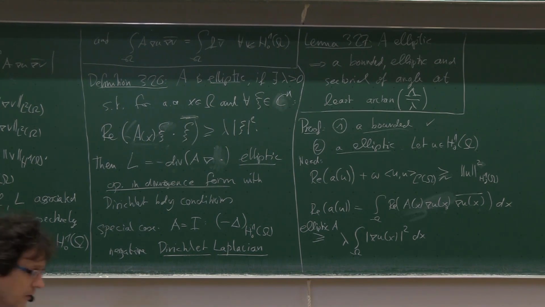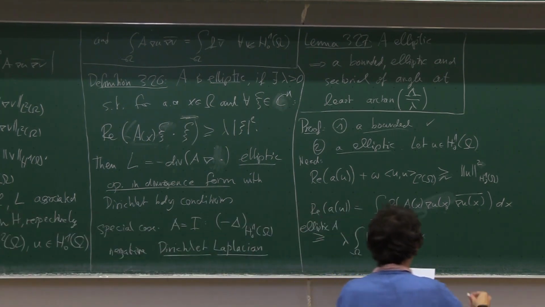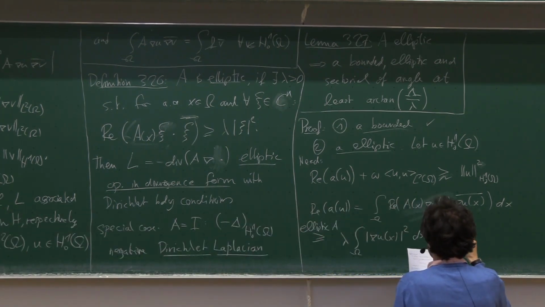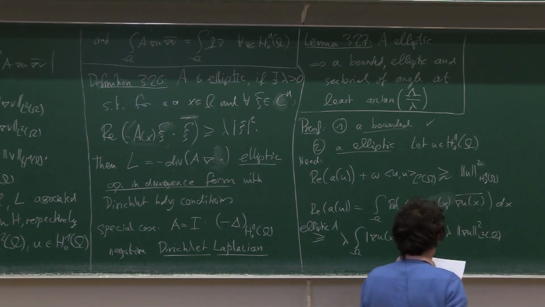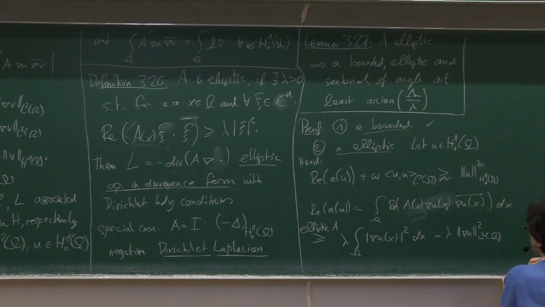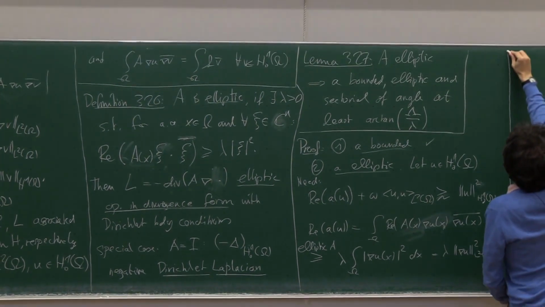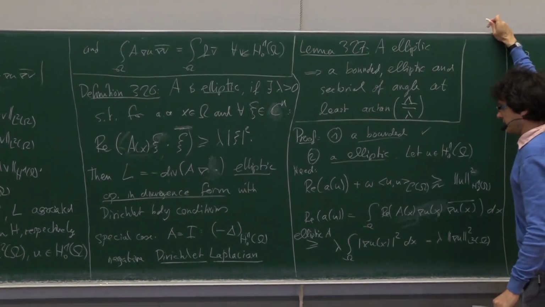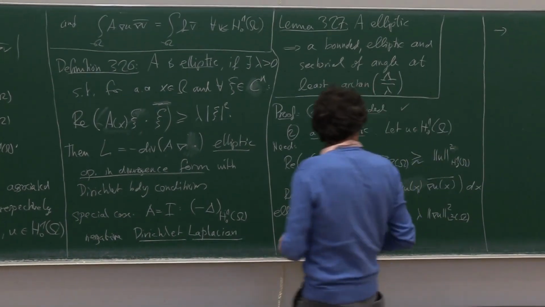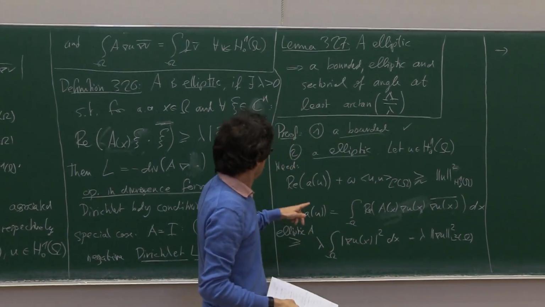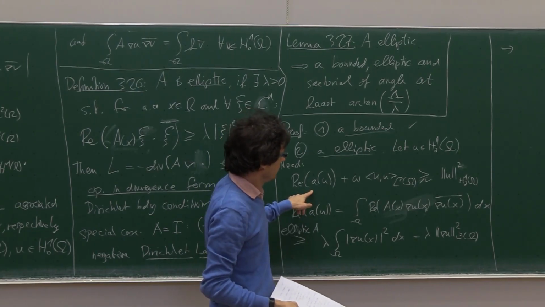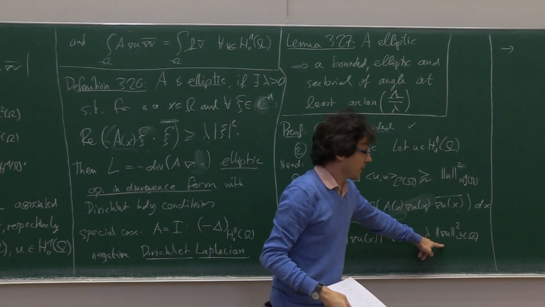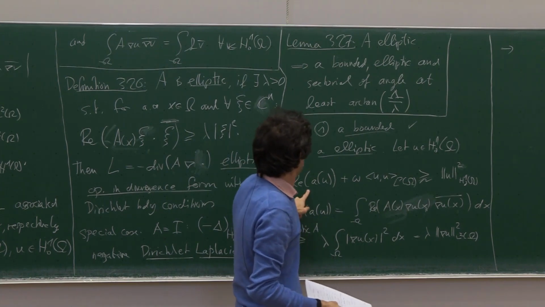Okay, and this is now lambda times the L2 norm squared of the gradient. And if now on both sides of this inequality you add lambda times the L2 norm of u squared, here you get the square of the H1 norm, and here you get that.